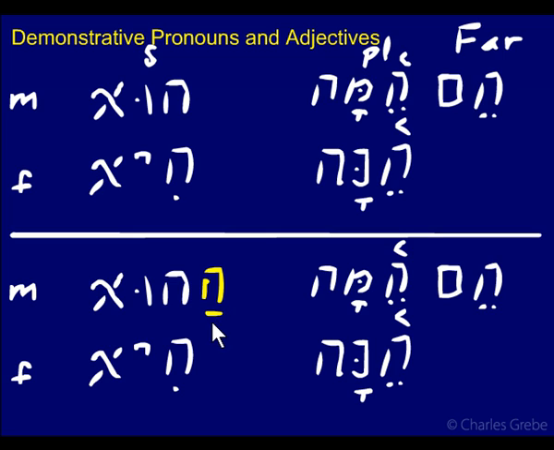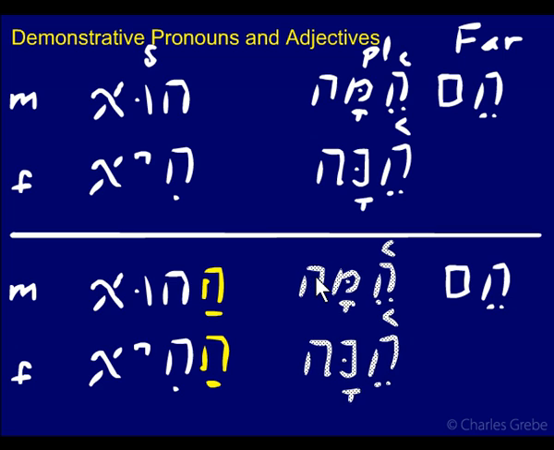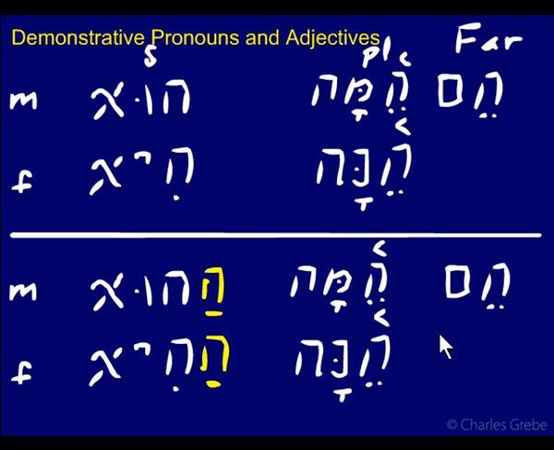And if you go back to your article chart, you'll see that, okay, this, you can't double these, we know that. And so what we have here is implied doubling. Likewise, we have implied doubling here. I guess I got to move this over a little bit. Get some room. Oh, let's move these over too. And on this side, in the plurals, what you get is compensatory lengthening with the article.